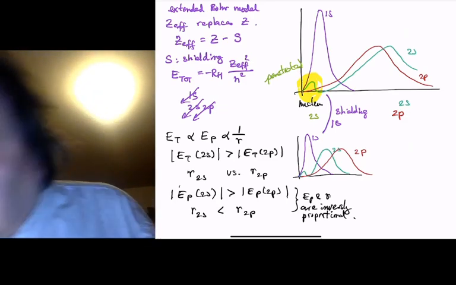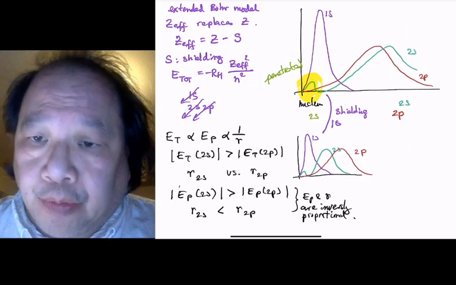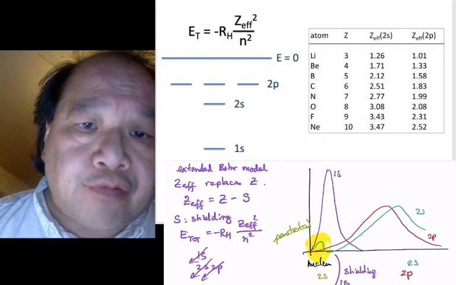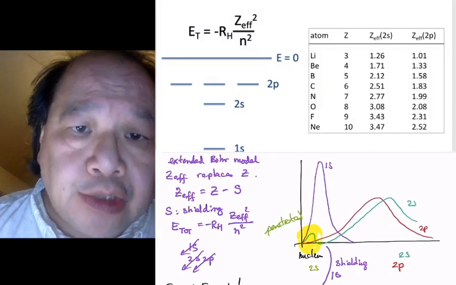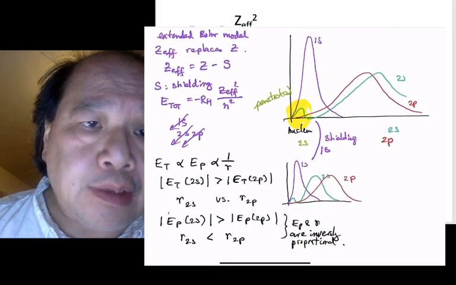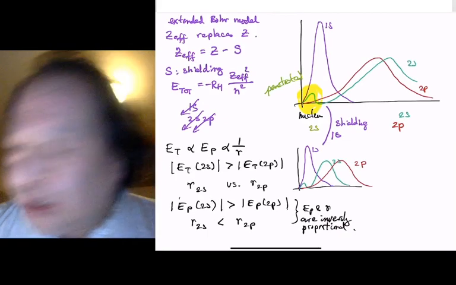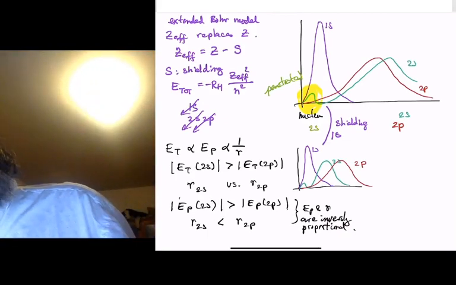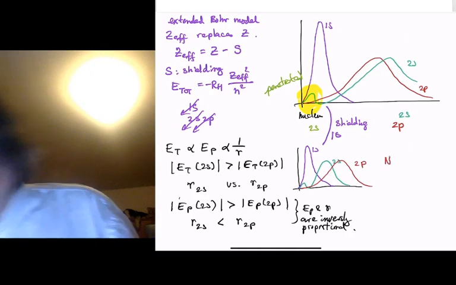We can now go back and understand what's happening with neon. Neon had a very big difference between 2s and 2p. And why is that? It's staring us right in the face in this new diagram. All we have to do is write down the neon electron configuration.